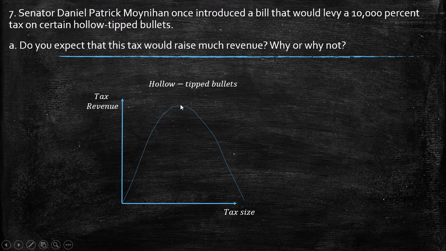Here is the maximum, so you need to raise the tax up to this point to reach the maximum. If we are around here and the senator increases it by 10,000%, maybe we'll be okay because it will reach the maximum. But if the increase passes it, or lies in another part of the curve, it isn't useful.